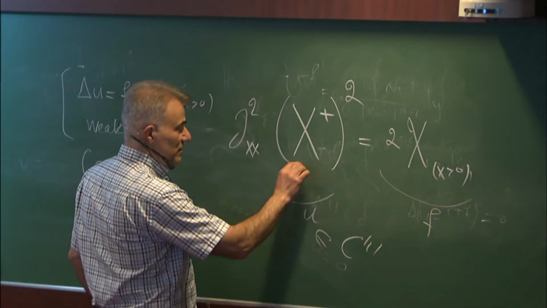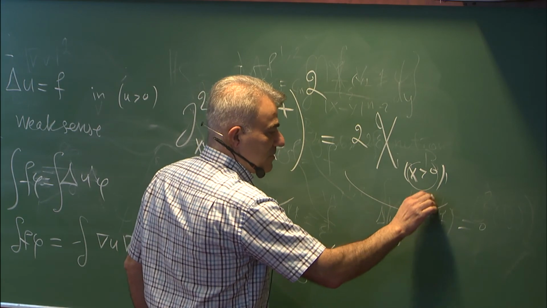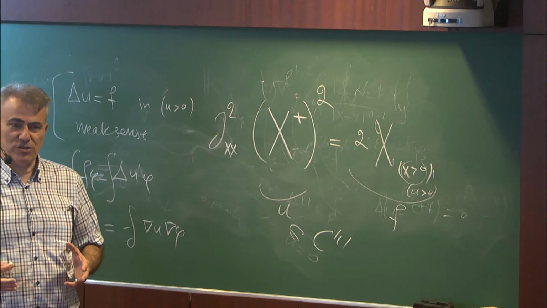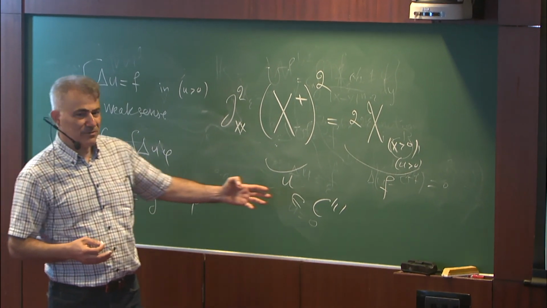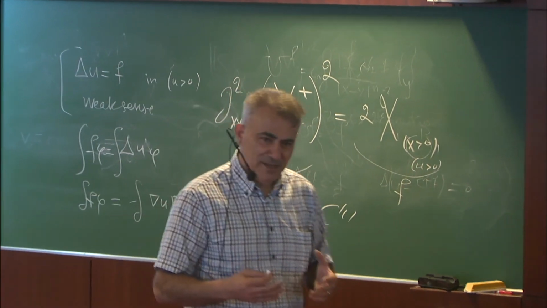If there's a structure, and the structure here is: u is the function, and I'm looking at where u is positive. When you have a certain structure like this, a free boundary type of structure, then you actually get a little bit more. Tiny, but a little bit more.